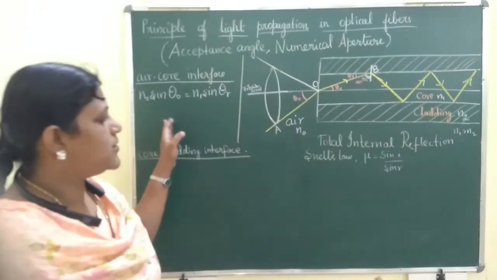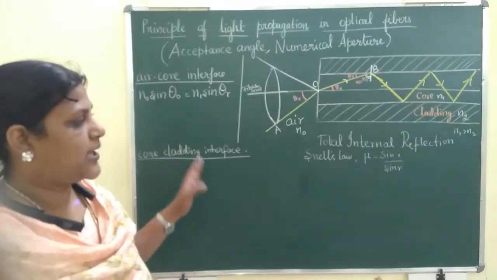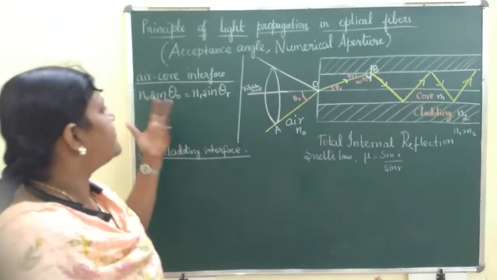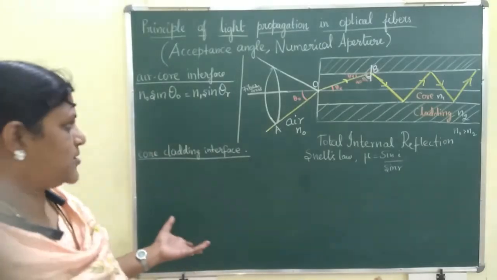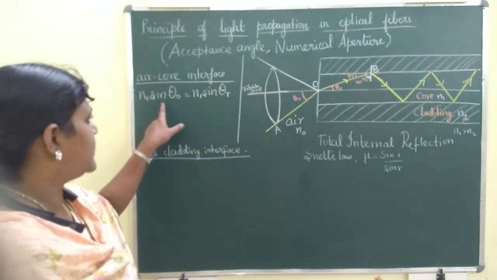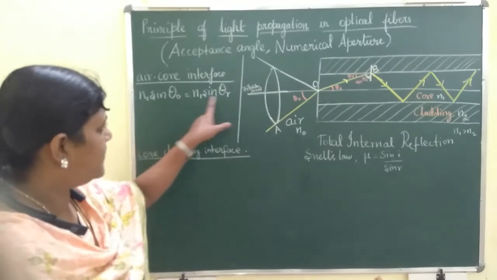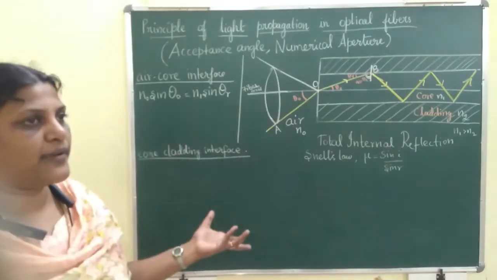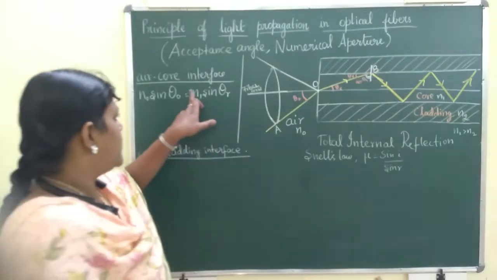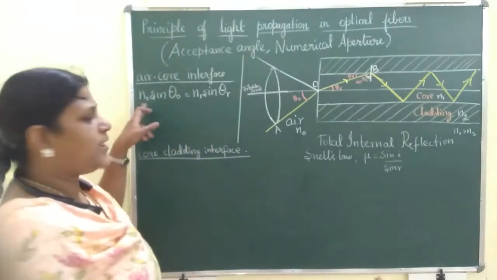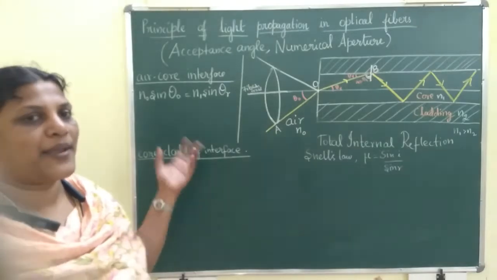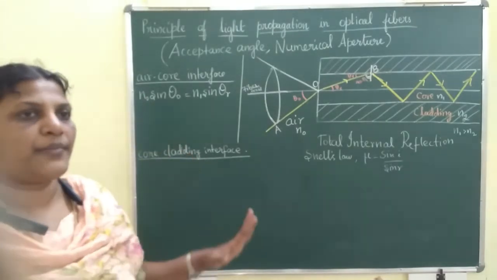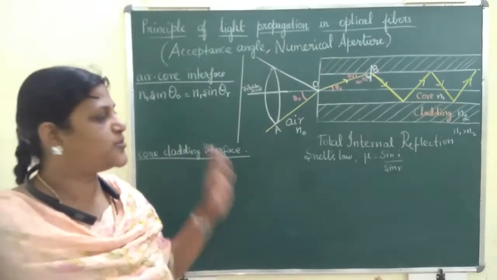So sin i by sin r equals the refractive index ratio. When you write it like this, sin theta naught divided by sin r gives n1 by n0, which is again the value of the refractive index. Now n0 is actually 1 in the air medium, but since we are deriving the first formula, we should not substitute the value.